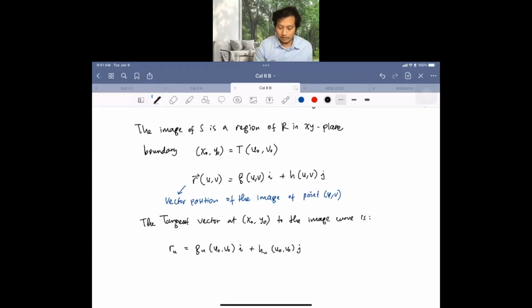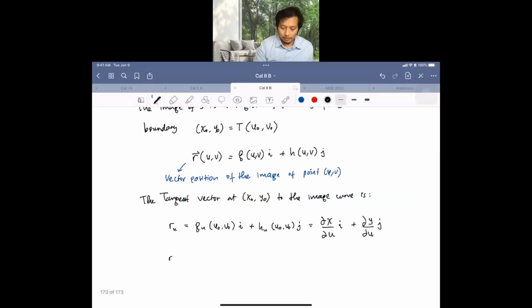Or we could write this as dou x dou u i plus dou y dou u j. And we also have r phi, partial with respect to phi. Similarly, with phi, we have dou x dou phi for i and dou y dou phi for j. Okay, we have these two partials, right?